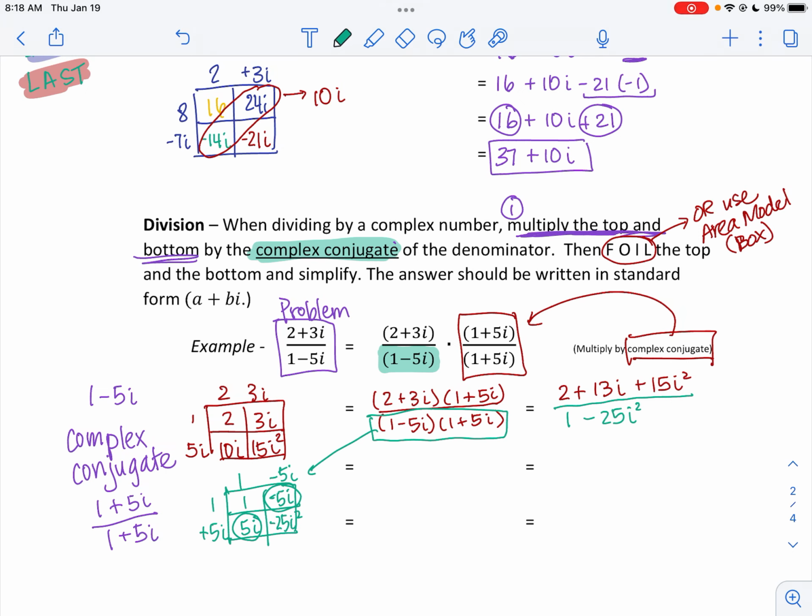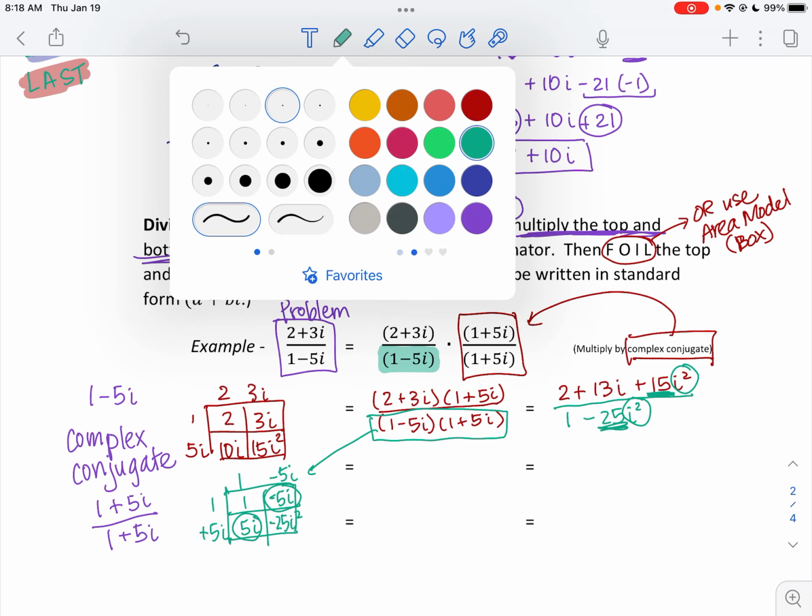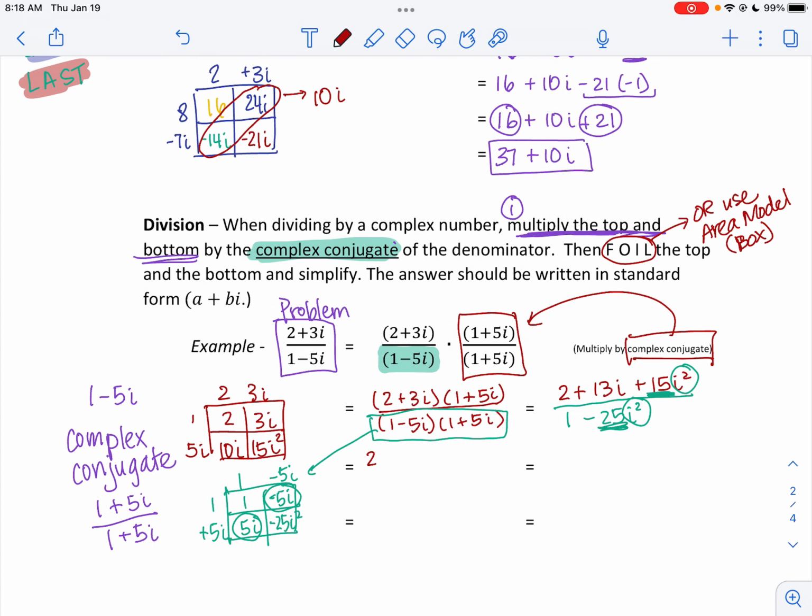Now we're going to simplify the i squared by multiplying the coefficients of those i squares with negative 1. When we do that, it's going to look like this: 2 plus 13i plus 15 times negative 1, and the denominator would look like 1 minus 25 times negative 1.